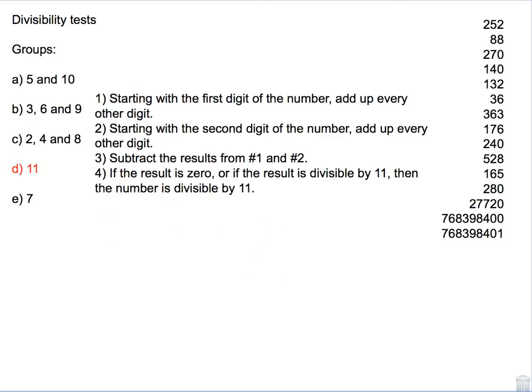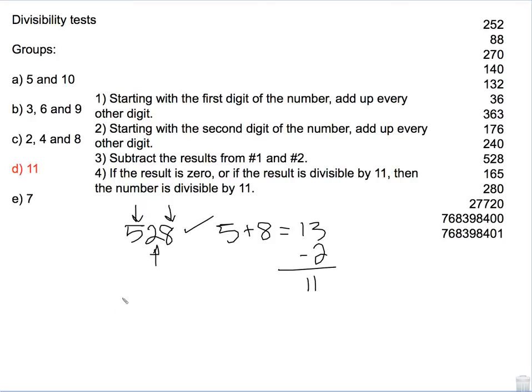Let's try another. Let's take 528. There's 5 and 8, so 5 plus 8 is 13. And then there's just 2. 13 minus 2 is 11, so 528 is also divisible by 11.